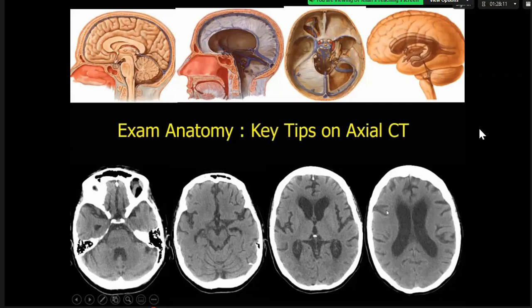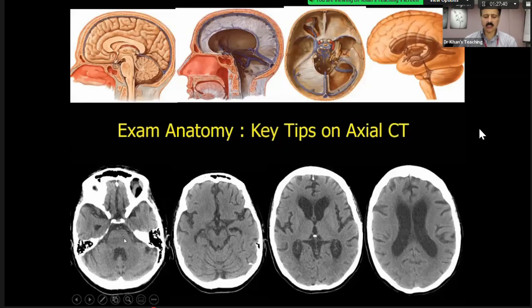You might miss a subdural hematoma which is sitting up at the vertex. More inferiorly, there are names to what we call the basal cisterns, and this is the Sylvian fissure. But this slice is where a lot of action is. First of all, for orientation, there are a few key points for the exam you have to remember. If you see here, this is the pons and this is the midbrain.